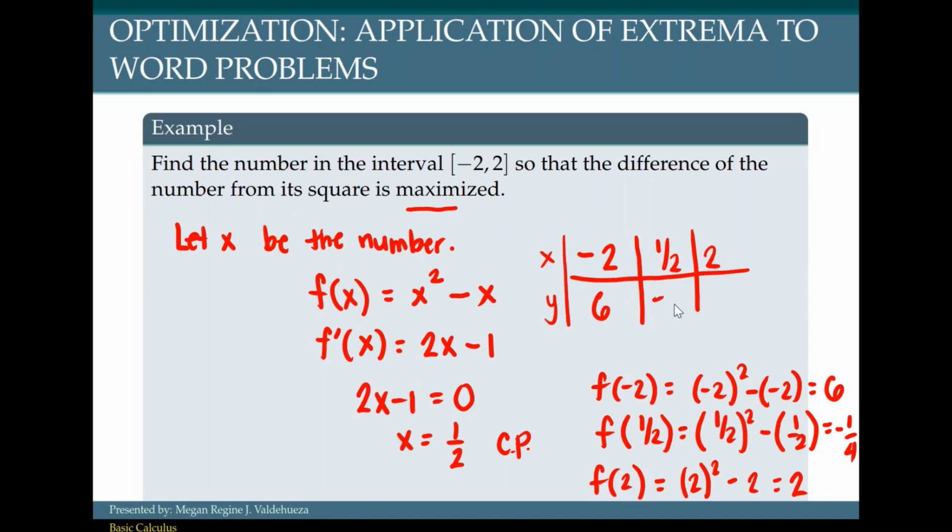So 1/2, this is -1/4, 2, we have 2. So from this, the maximum value is 6, and it occurs at x equal to negative 2. So x here that we are looking for is negative 2. Did you get it?